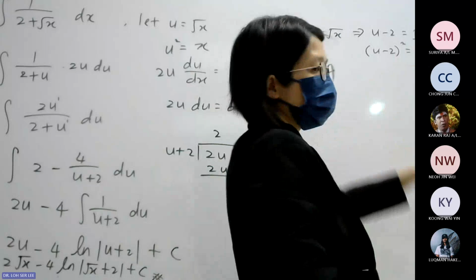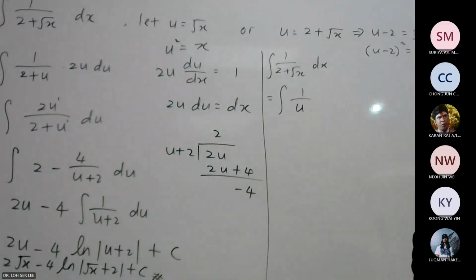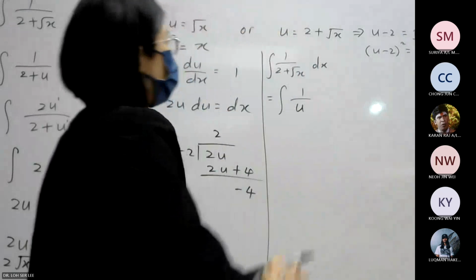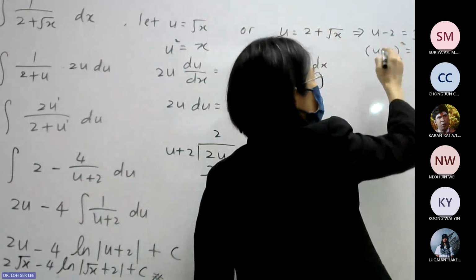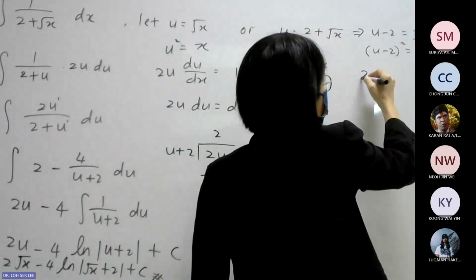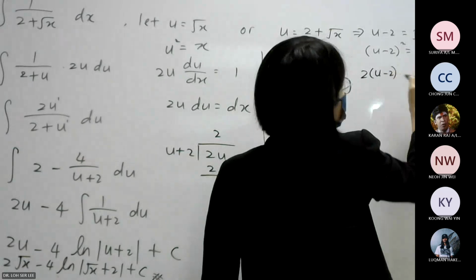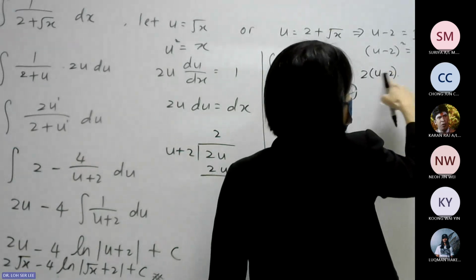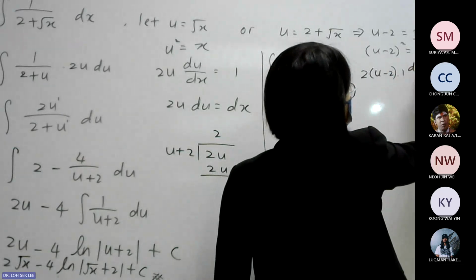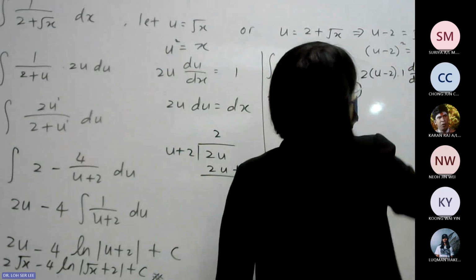So we use implicit differentiation. Differentiate this with respect to u, times the derivative of this, which is 1, and then dx du equals 1.